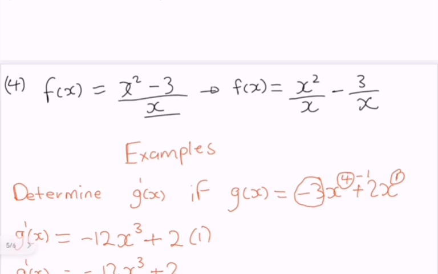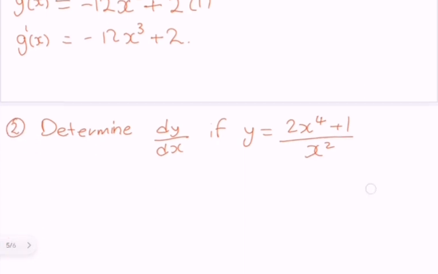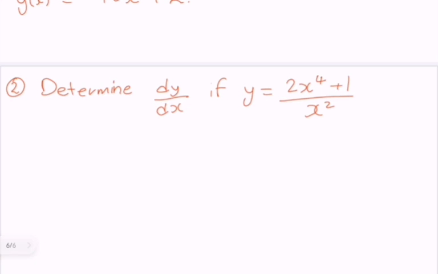Then you check out the last one, fractions that are not fully simplified, where you can break this up. As you can see, the x squared is a lowest common denominator, so you can pair the x squared with 2x to the power of 4 and with 1. You should not write the dy over dx while you still have this thing.